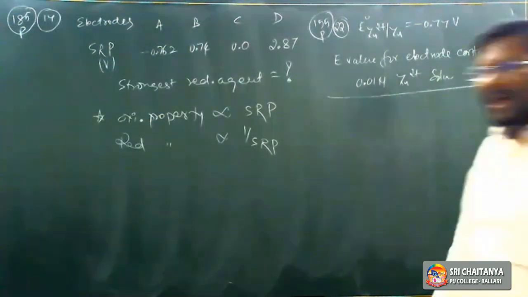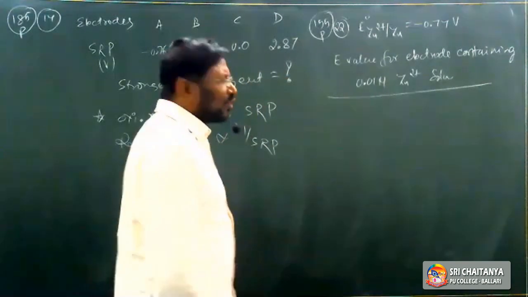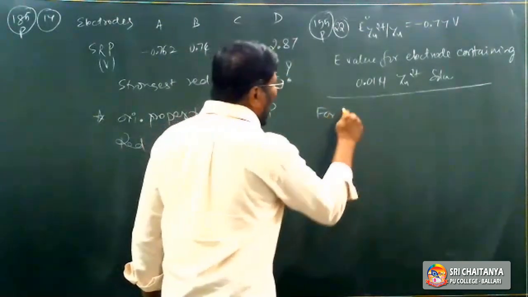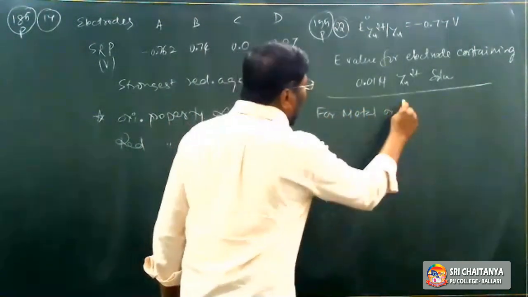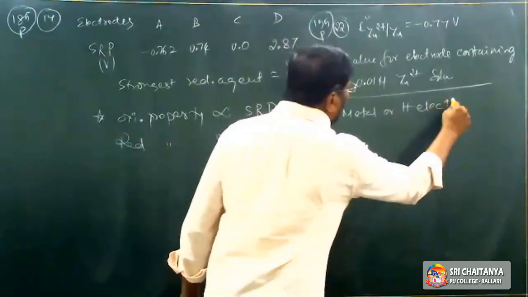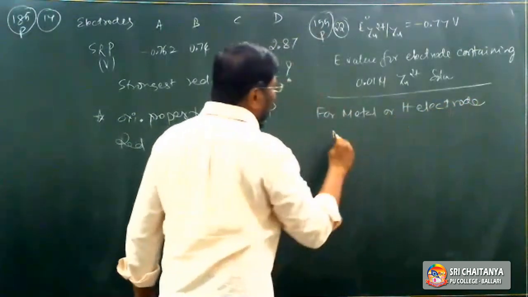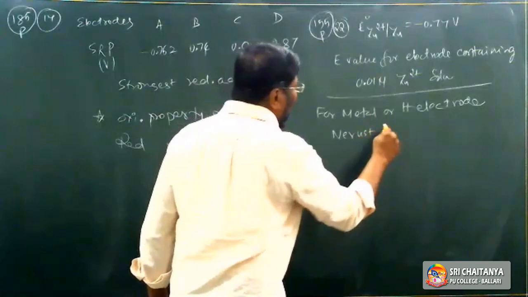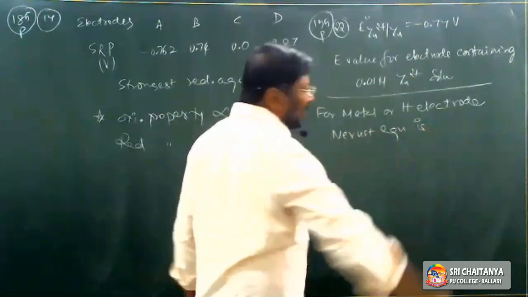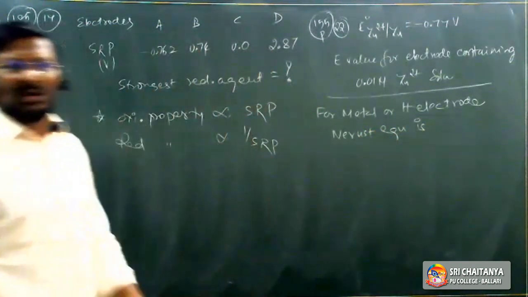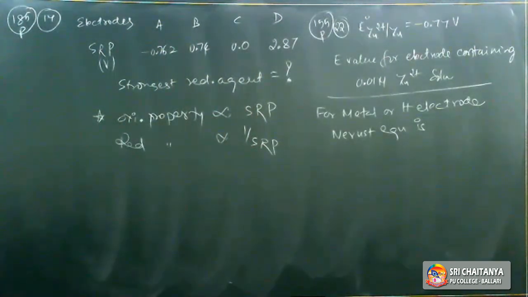What is the Nernst equation given for a metal electrode? For a metal or hydrogen electrode, what do you write for the Nernst equation?